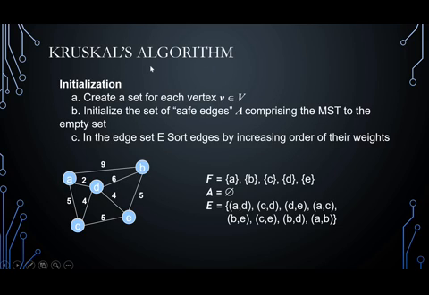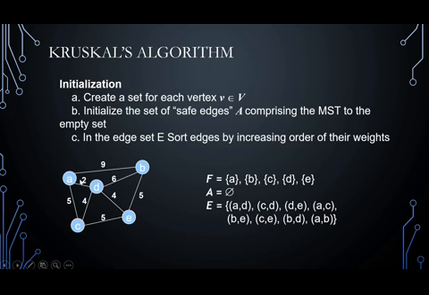What does Kruskal's algorithm say? The first step in the algorithm is the initialization part. What are we supposed to do in the initialization part? Create a set for each vertex v which belongs to V. That is, you are supposed to create a set of all vertices.